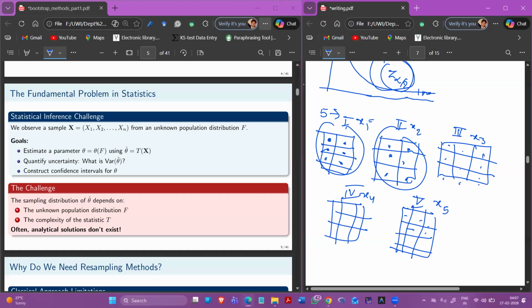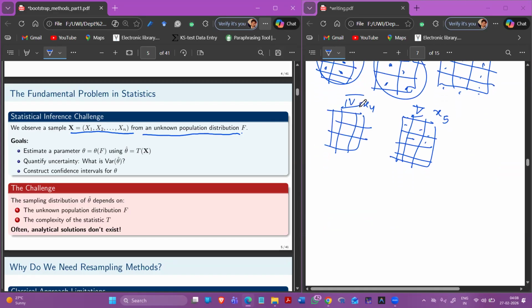Right. So in that procedure, the fundamental problem in statistics is that we observe the sample x1, x2, xn, okay, from an unknown population distribution function F. So we assume that always when we go for statistical theory, we always say x1, x2, xn follows some distribution f(x; theta).